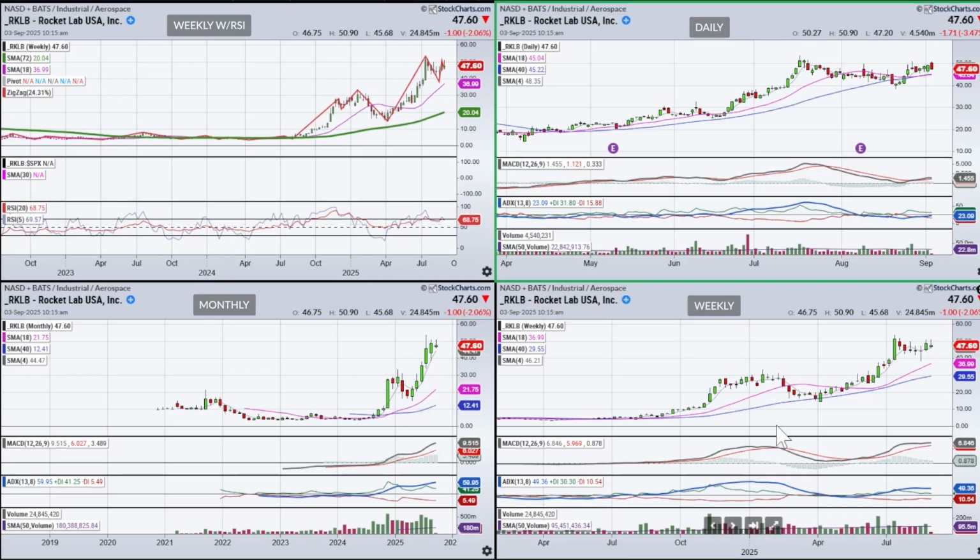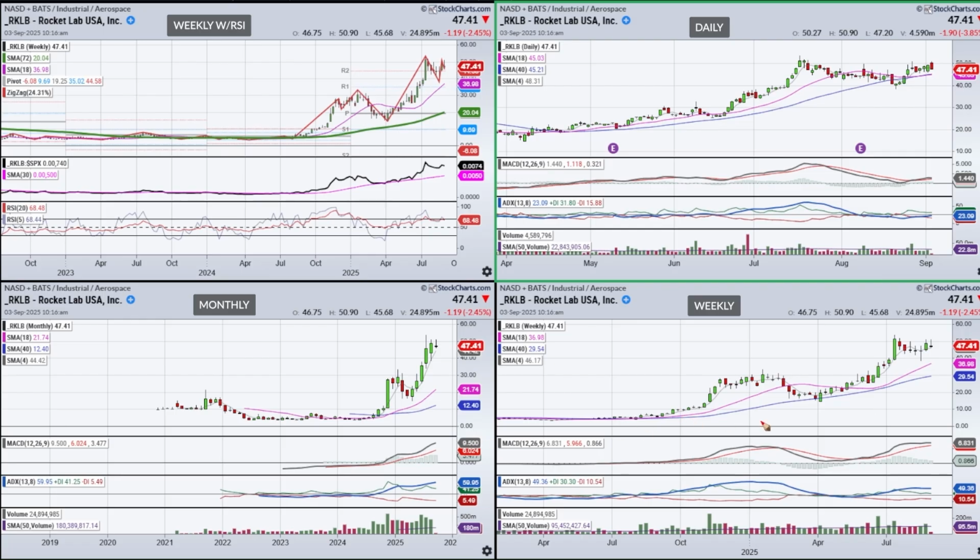All right, RKLB, so pretty strong move to the upside, and now we're consolidating. On the daily chart, we've already made it through earnings, so that's good, but we've got this consolidation taking place. I think I would be watching for this to come up through the 50 level at this point. The way it's developed, it's not really a low ADX breakout pattern, but the way this is situated, forming the pinch and getting itself going again, it looks like we've created a little bit of resistance here right around the 50 mark.